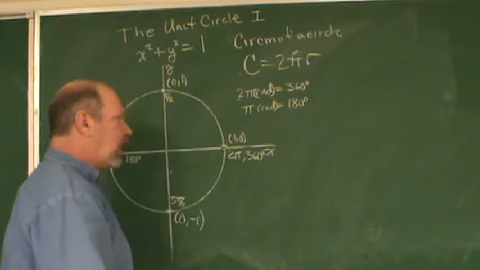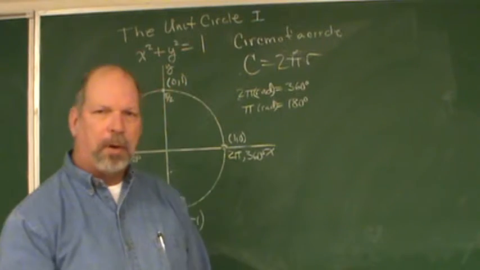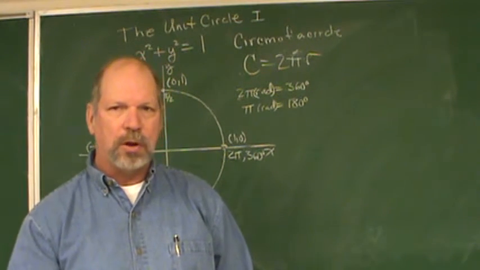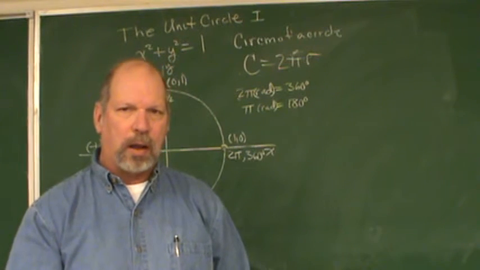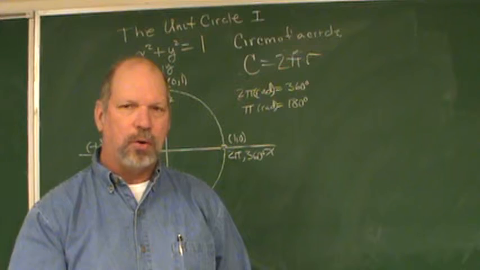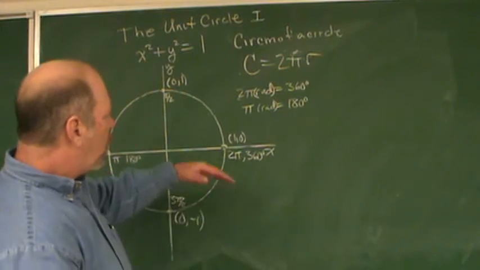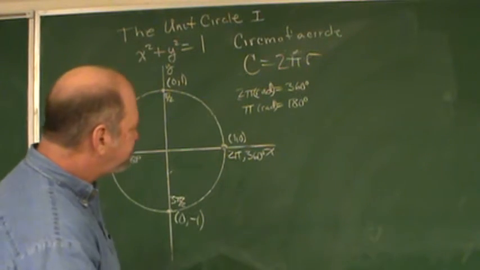So we get 180 degrees. And that's a conversion factor we use quite a bit to convert from degrees into radians and from radians into degrees. Radians is another way of measuring an angle without units. Degrees are a unit, okay? But a radian is really the length of the arc of a circle, okay?